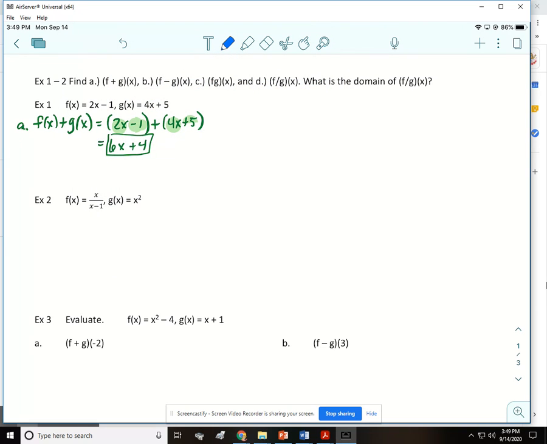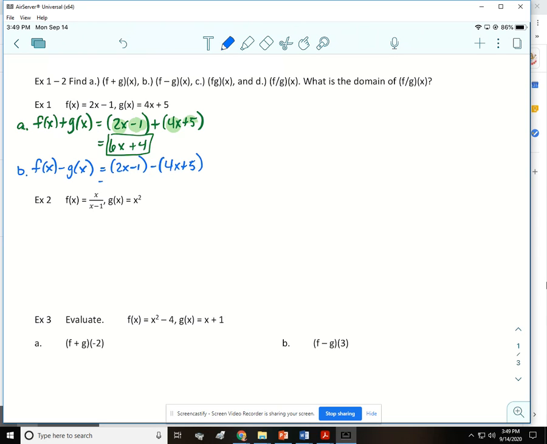All right, for B, subtraction is basically the same thing, but you have to be a little bit more careful on this subtraction. So we take 2x minus 1, and we're going to subtract 4x plus 5 from it.